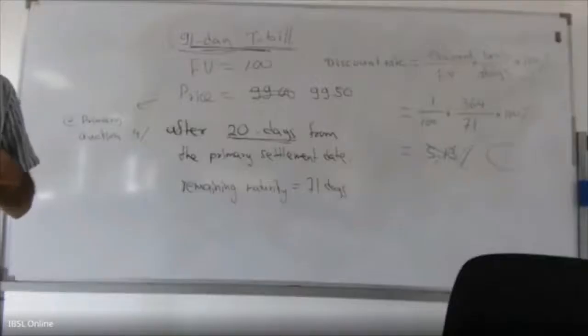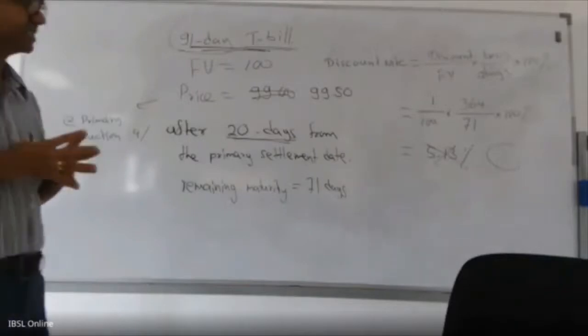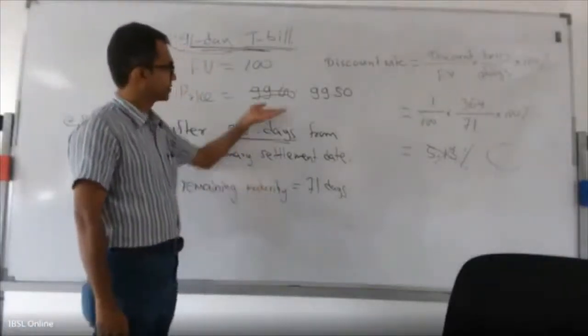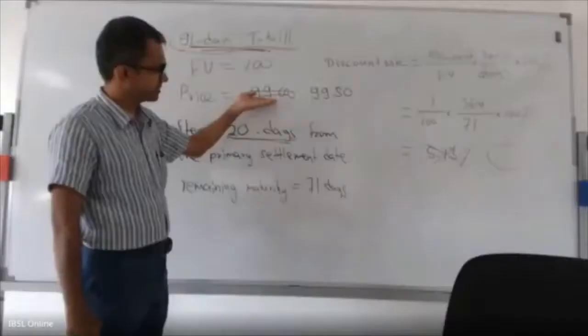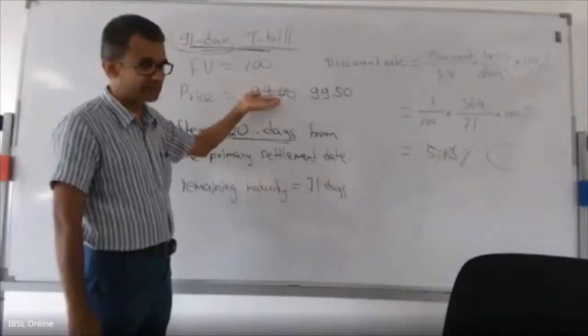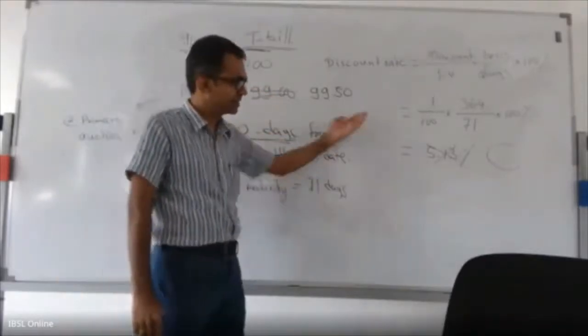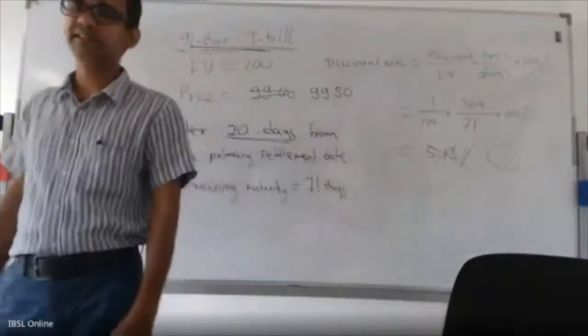The reason for the rate to go up is that the remaining maturity is different, but the price remains unchanged while the remaining maturity goes down. That is because the rate has increased.